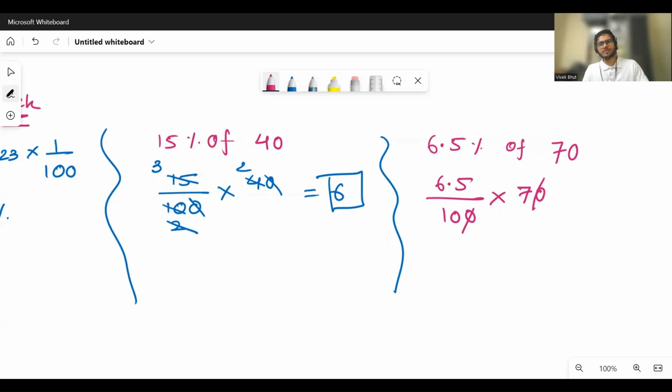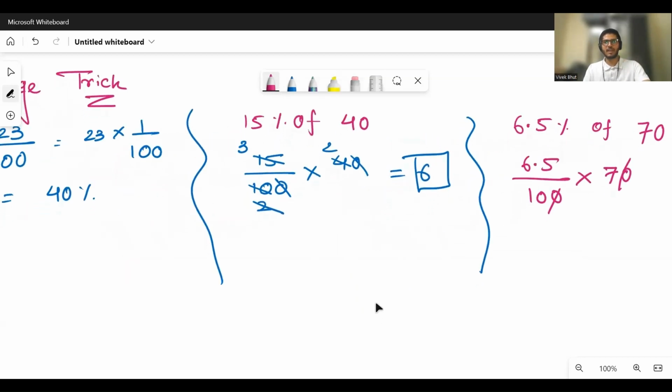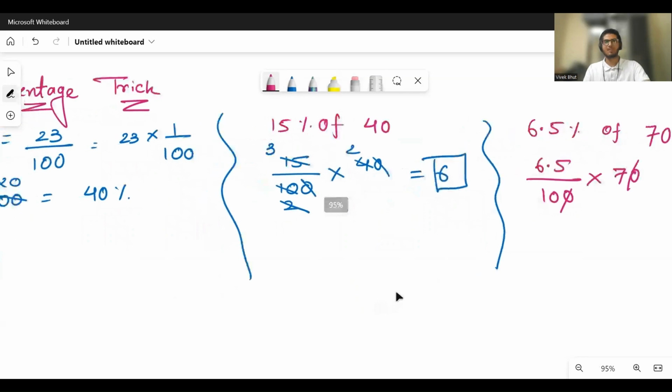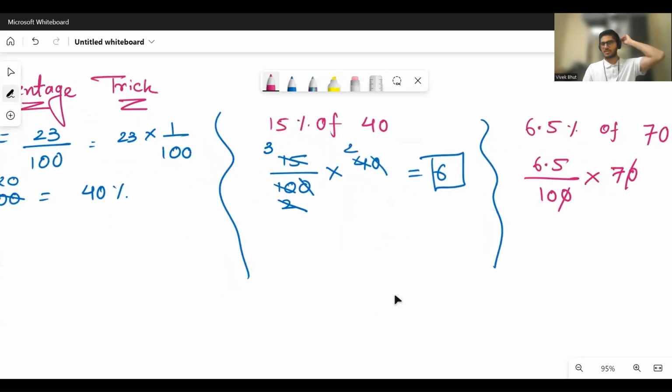And then you're going to multiply 6.5 with 7, and there is 10 over there. And then whatever answer you get, you take the decimal point one place towards the left side. But I have a very simple technique for this, without any hesitation, for whichever percent part of whichever whole number you would like to find out.